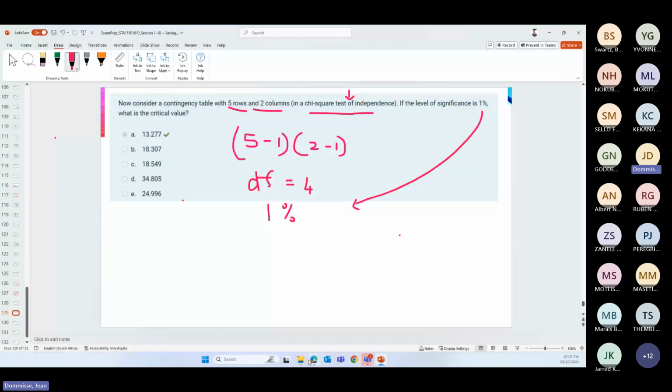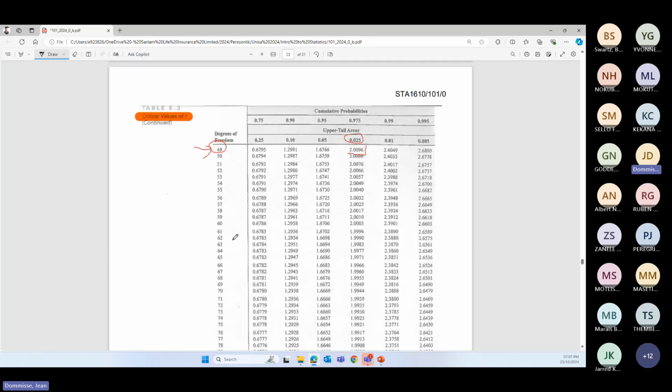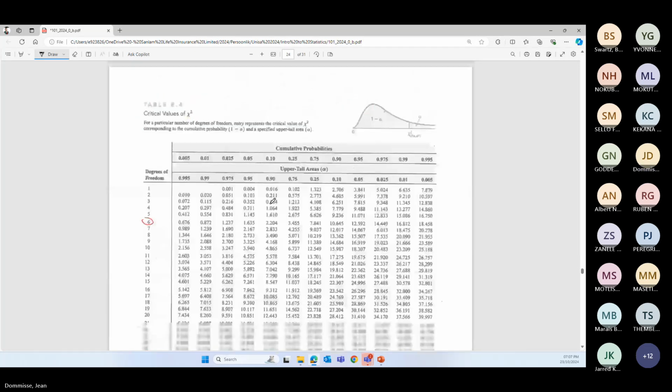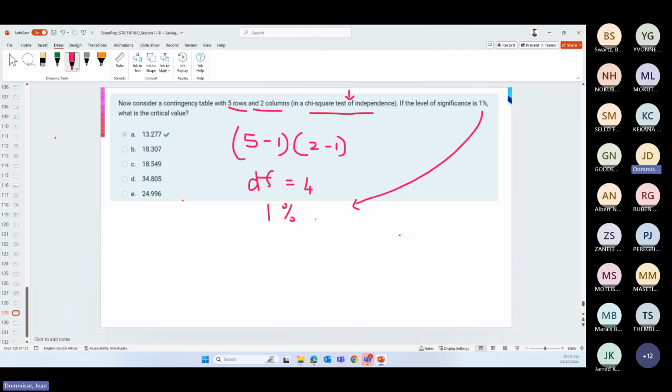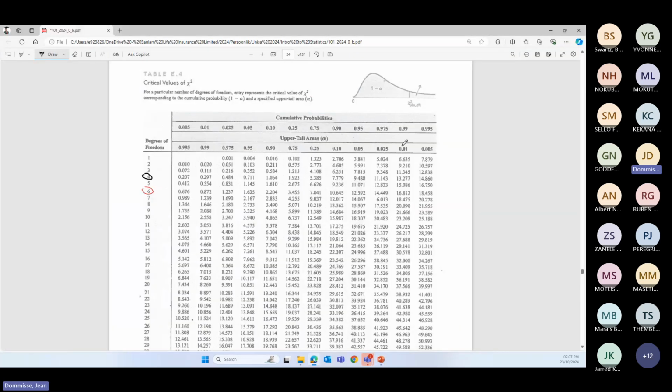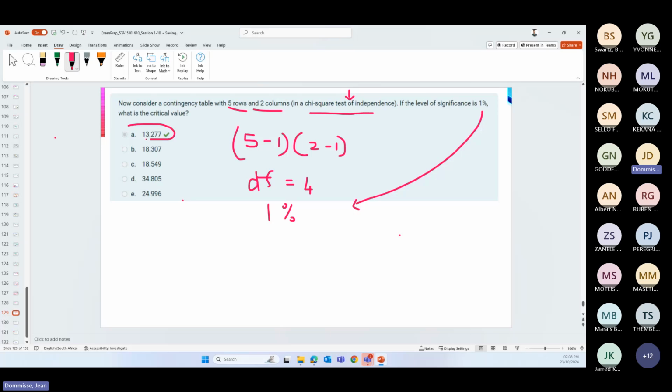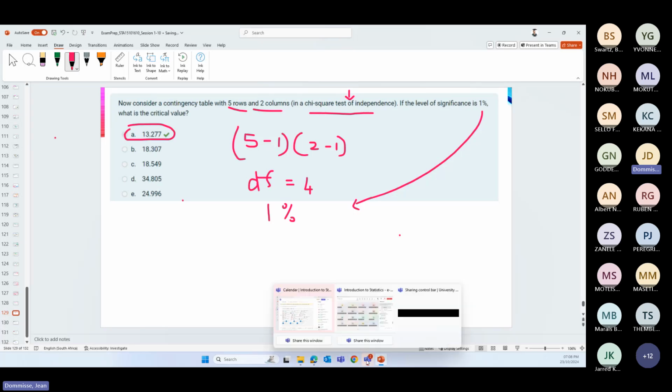So let's go to the chi-square. Okay, so here we are, chi-square. Degrees of freedom is 4. The level of significance is 1%. So then what we're looking for is 13.277.